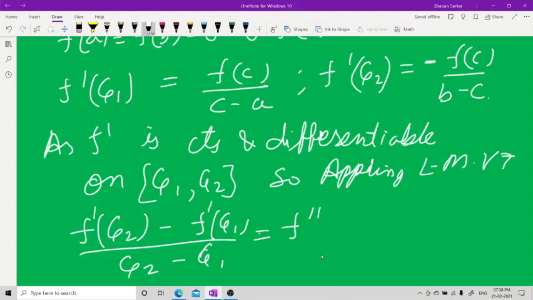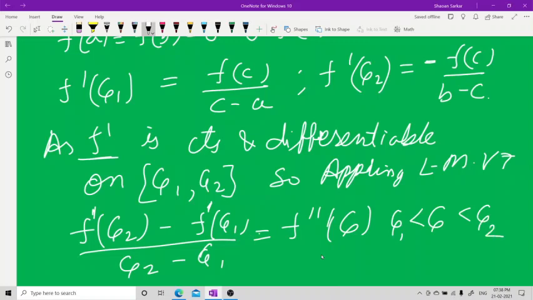This is dash dash, sorry, because we did it for f dash, this will now be double dash. We are applying on this. Now this zeta is in between zeta 1 and zeta 2.